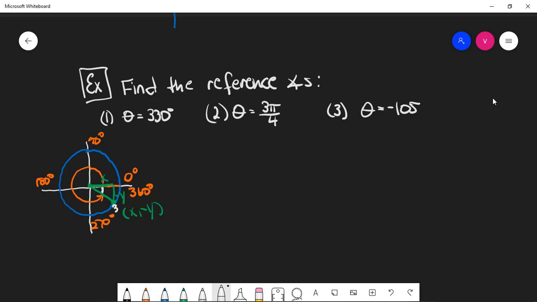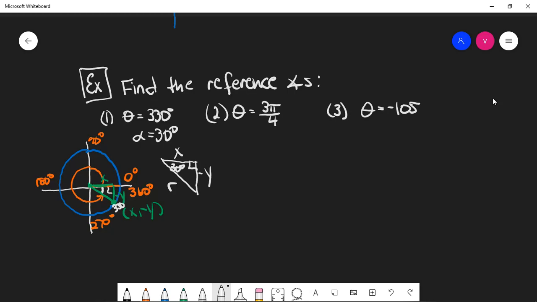This was 330 up to that point. 330 to 360, that leaves you your reference angle of 30 degrees. So what we would look at in trigonometry would be a triangle that looks like this. It's not drawn to scale now. Where this would be 30 degrees, and then you would have an x and a y and a radius right there. Okay, and it's a right triangle, right?